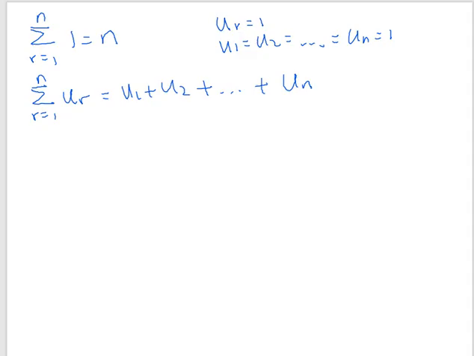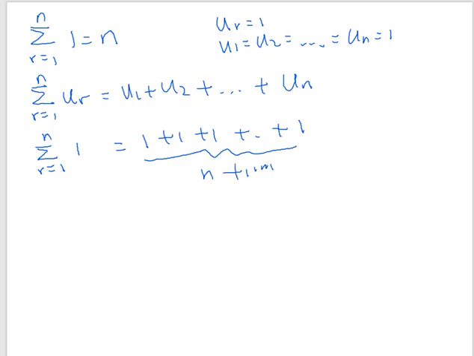Since ur is 1, the left hand side is just summation r from 1 to n, 1. On the right hand side, u1 is 1, u2 is 1, u3 is 1, all the way until un is 1. So we'll be adding 1 n times, so the answer is n.